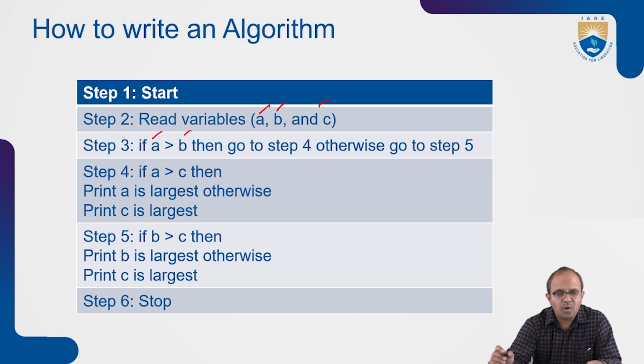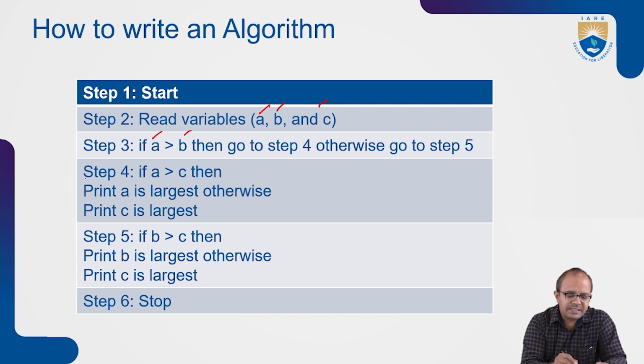If A greater than B, then go to step 4. That means we have already compared the values A and B, and it is adjudicated that A is greater than B. Now you can give the direction where to go. Now we are in step 4.